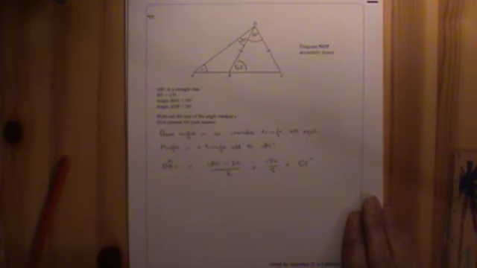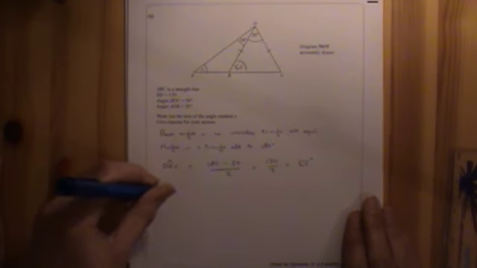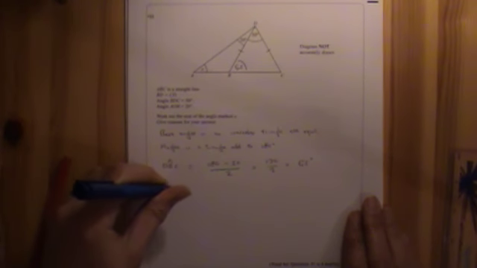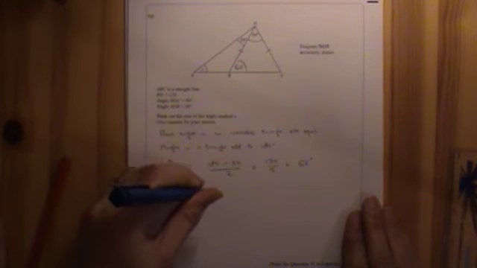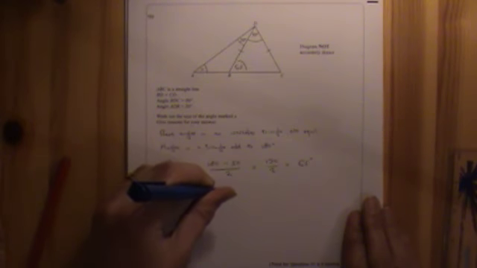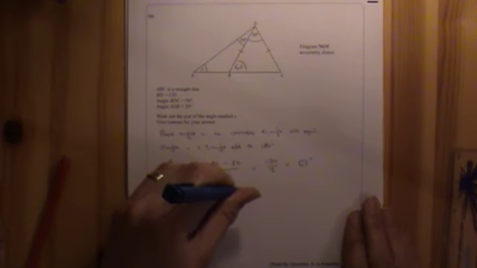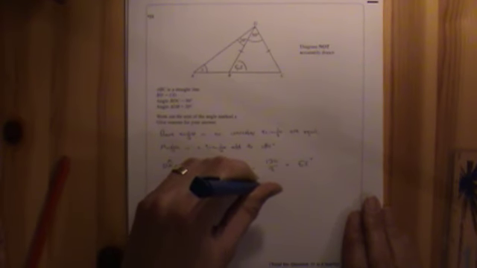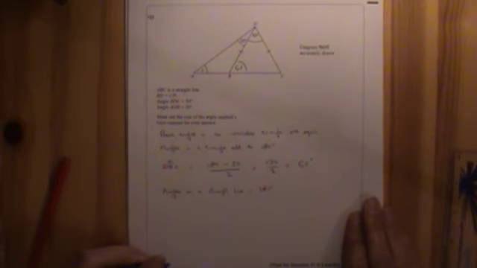ABC is a straight line, and we know angles on a straight line equal 180 degrees. So we can work out ABD.